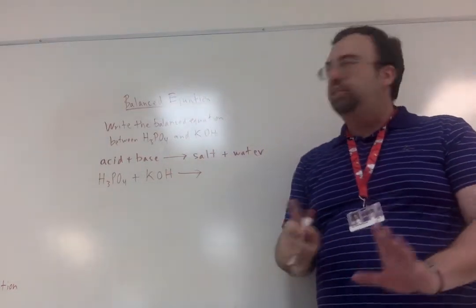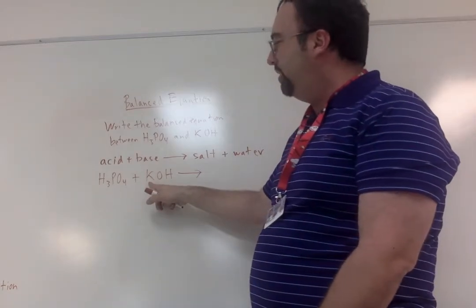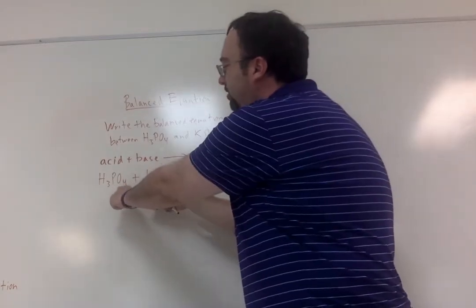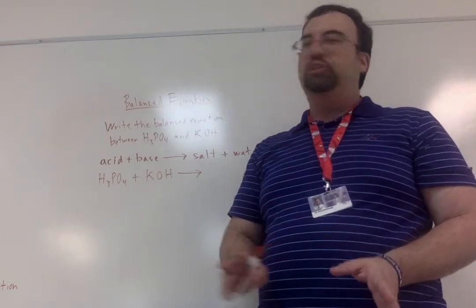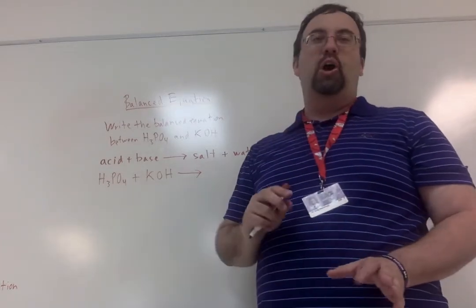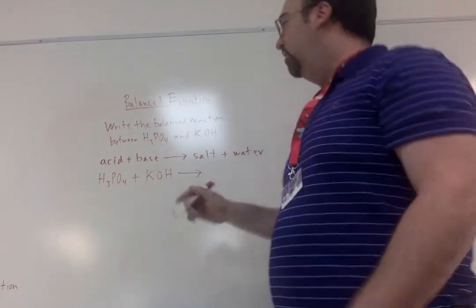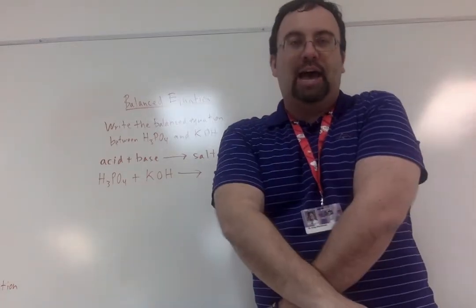Our salt in this problem, we have the potassium from here, we have the phosphate from here, and so remember, K has a +1 charge, phosphate is PO4 3-, and so we need to crisscross applesauce.